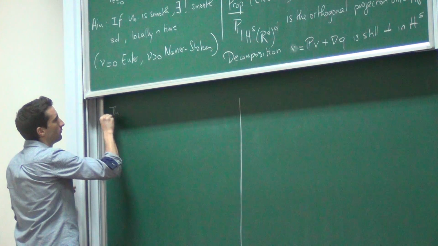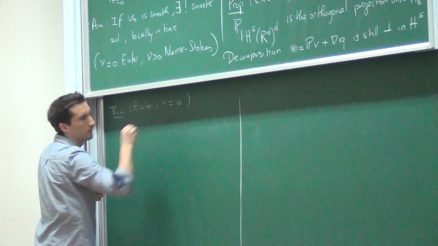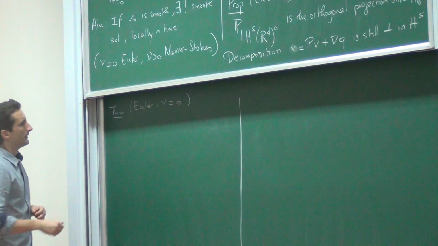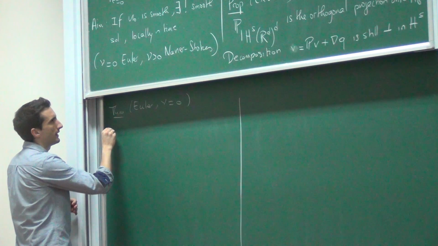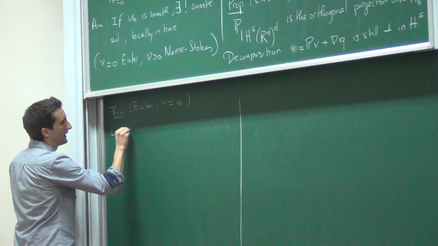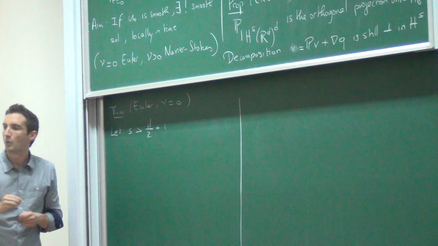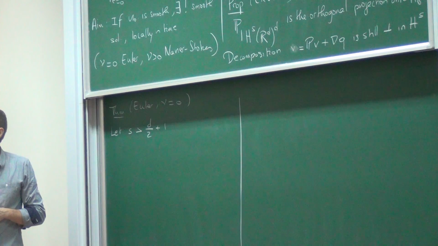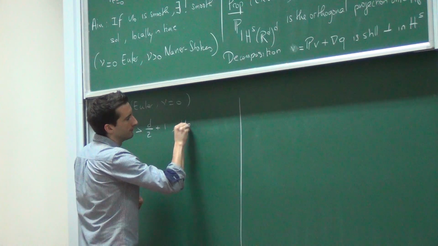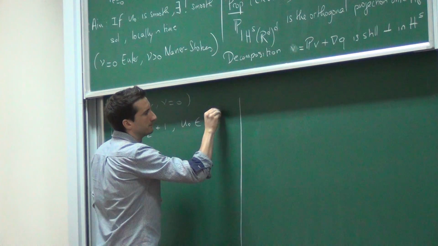So the first theorem will be for Euler, taking nu equals 0. And actually I will focus on this one. You take some Sobolev regularity index s greater than d over 2 plus 1. d is the dimension. And you take an initial velocity field u0 in H^s_sigma.